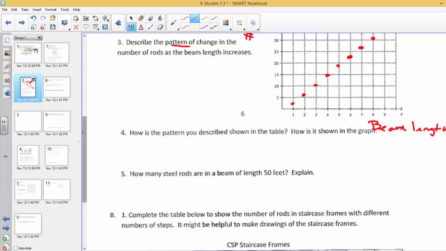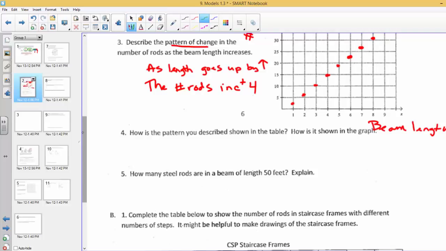So describe the pattern of change as the length goes up by 1, the number of rods increases by 4. Put adding 4. That's important because it could be multiplying by 4, subtracting 4.